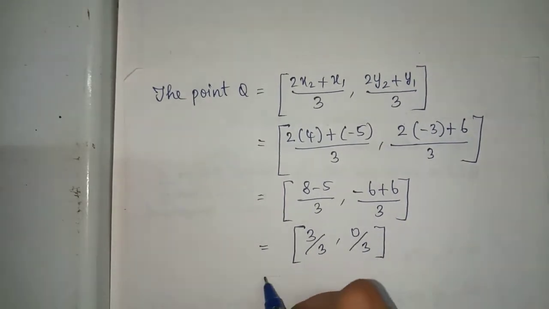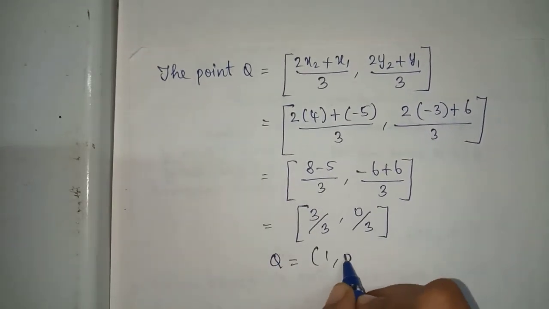Therefore, the point Q is equal to 1, 0.